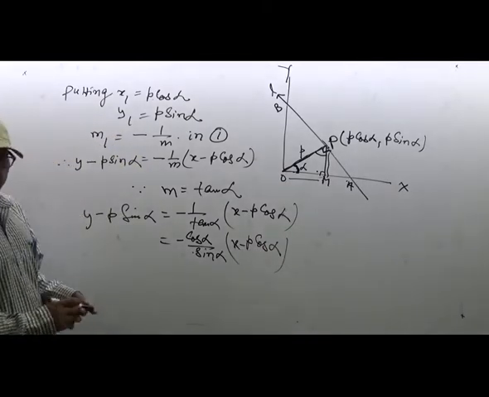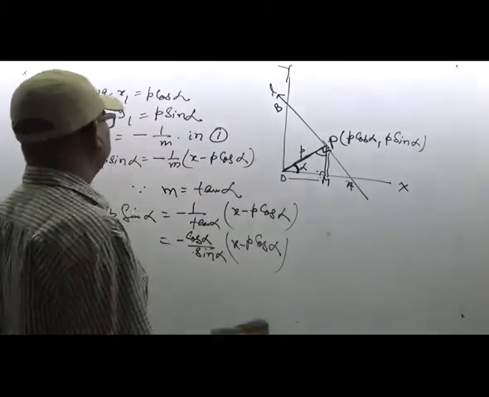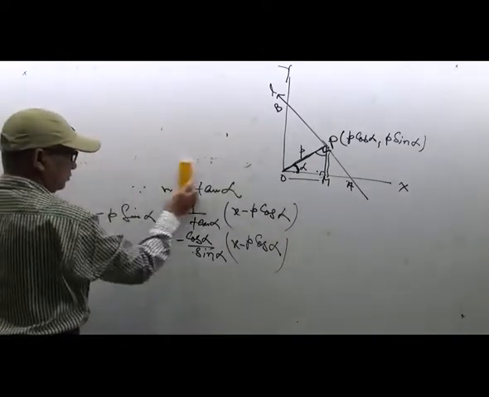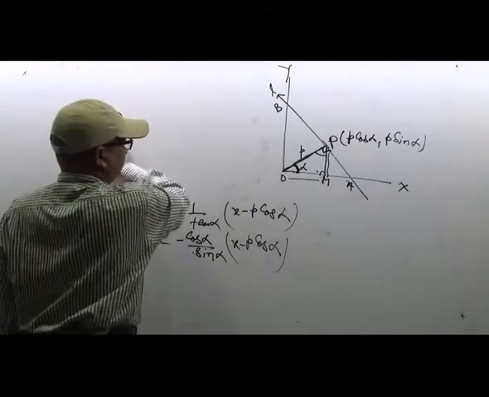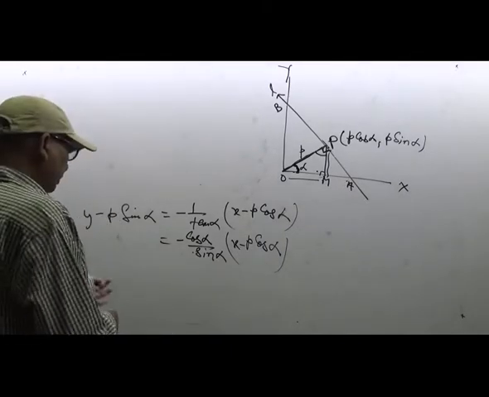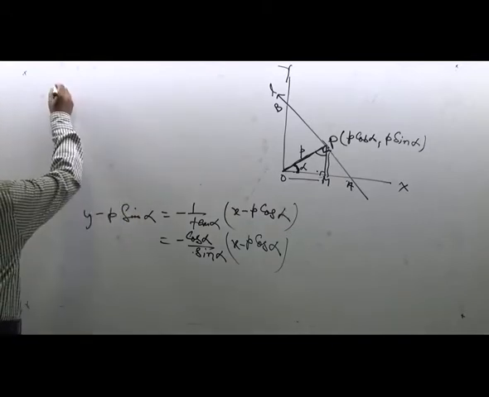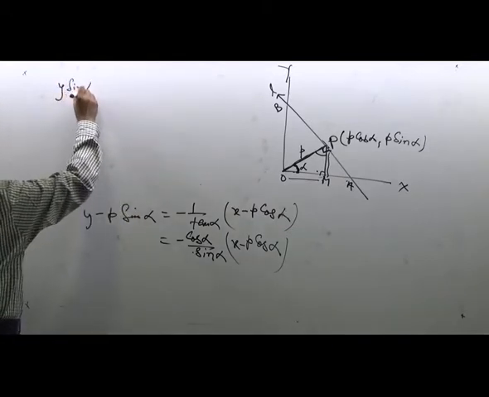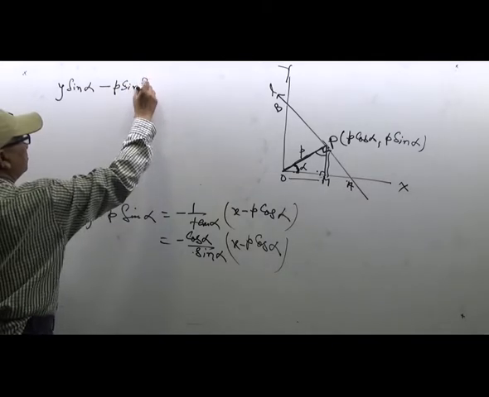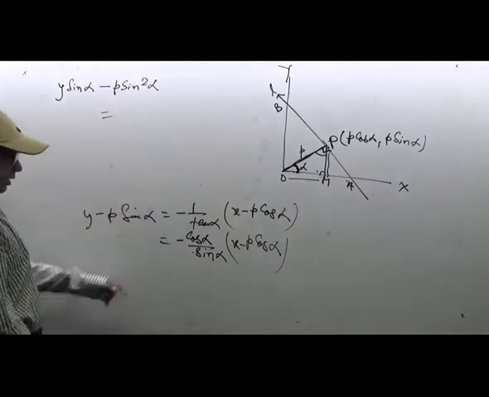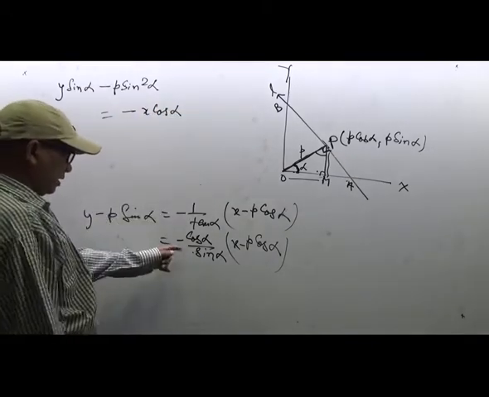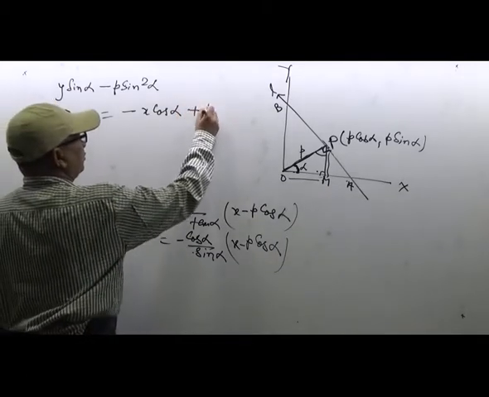By cross multiplication, y sin alpha minus P sin square alpha is equal to minus x cos alpha minus minus plus P cos square alpha.